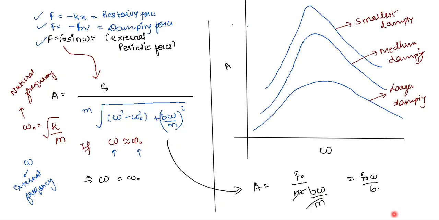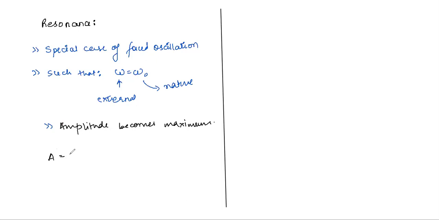See here what's happening. So we have A is equal to F naught whole by m, under root of omega minus omega naught whole square plus b omega by m whole square.